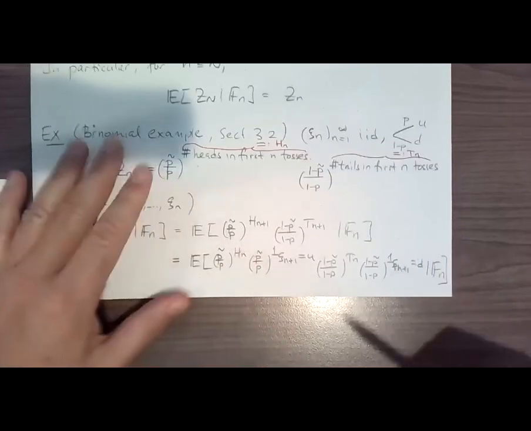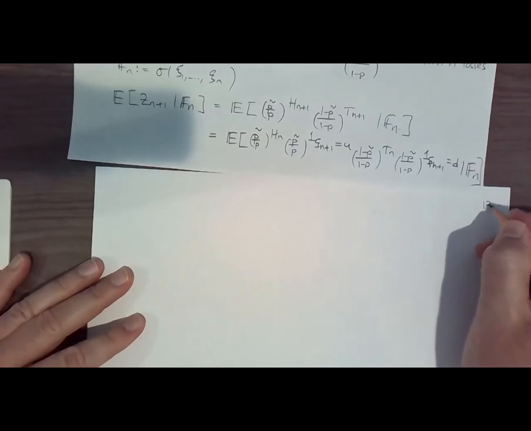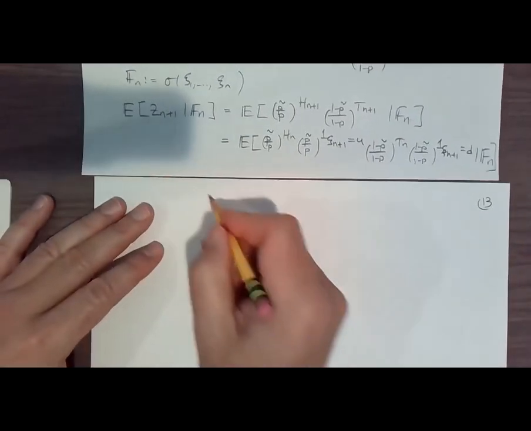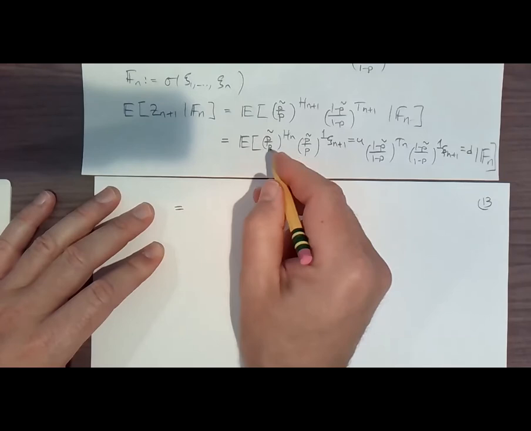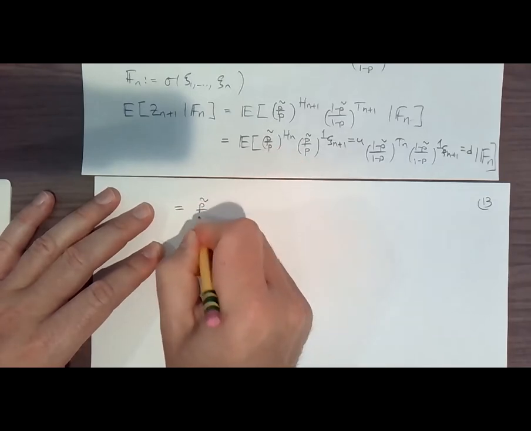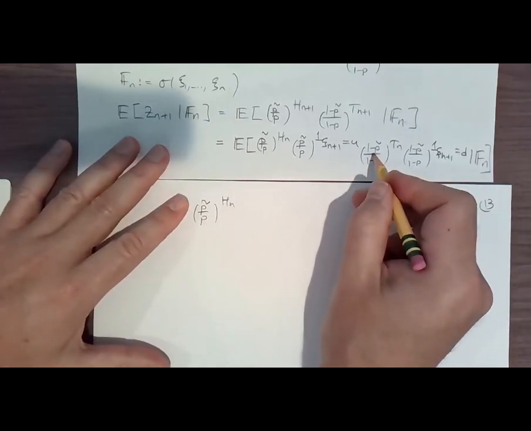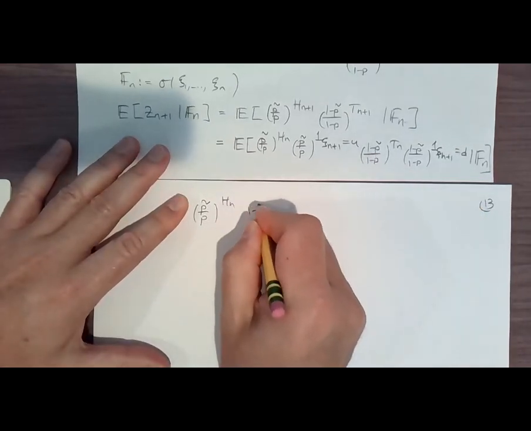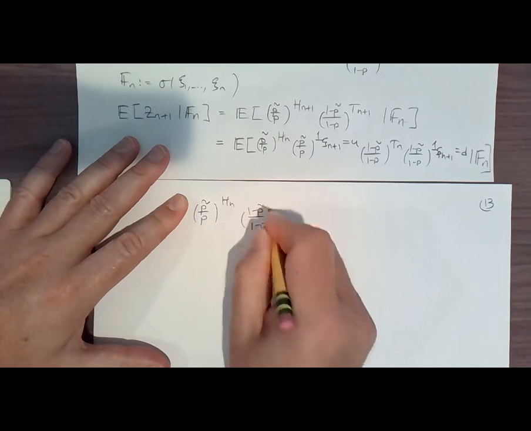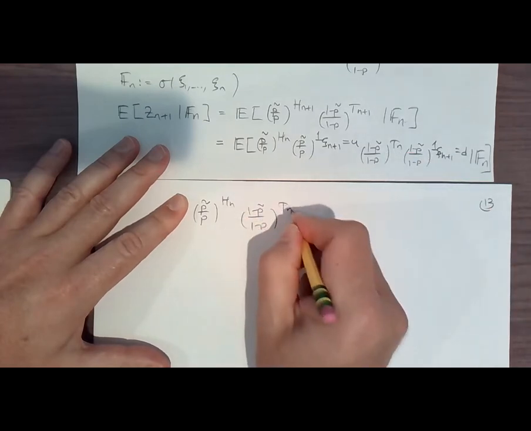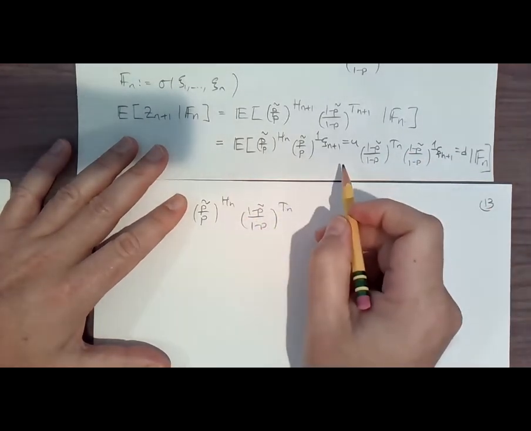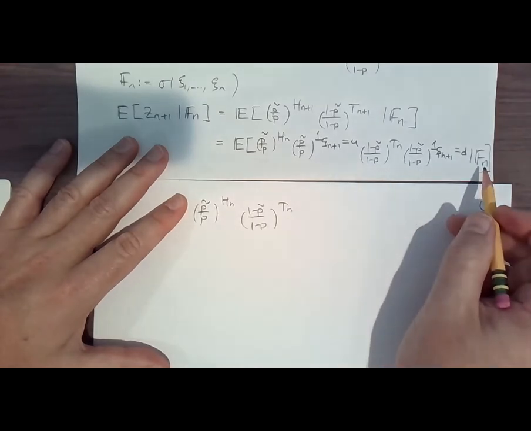So the situation is very similar to the one we just had. I'll take out what is measurable. So this is p tilde over p to the power Hn. I'll take off the other one too. This is 1 minus p tilde over 1 minus p to the power Tn. And what is left inside now is going to be independent of Fn.